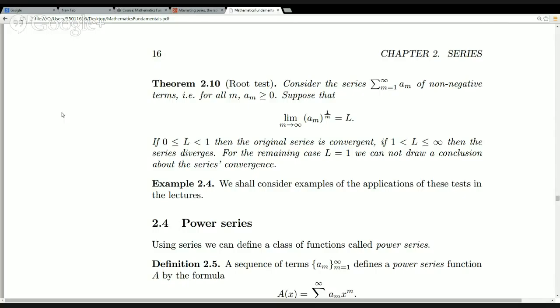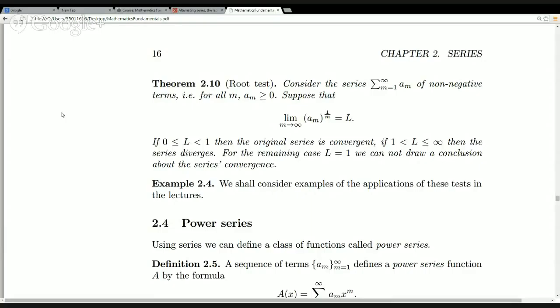So we'll try it. We'll look at the limit as n goes to infinity of a_{n+1} over a_n. The conventional way to do the ratio test is to take a general term in the series and divide it by the previous one. So a_{n+1} over a_n, or you could say a_n over a_{n-1}.